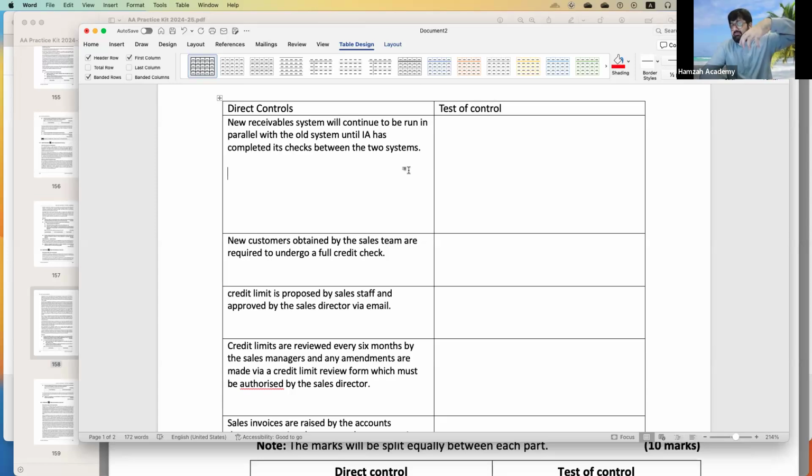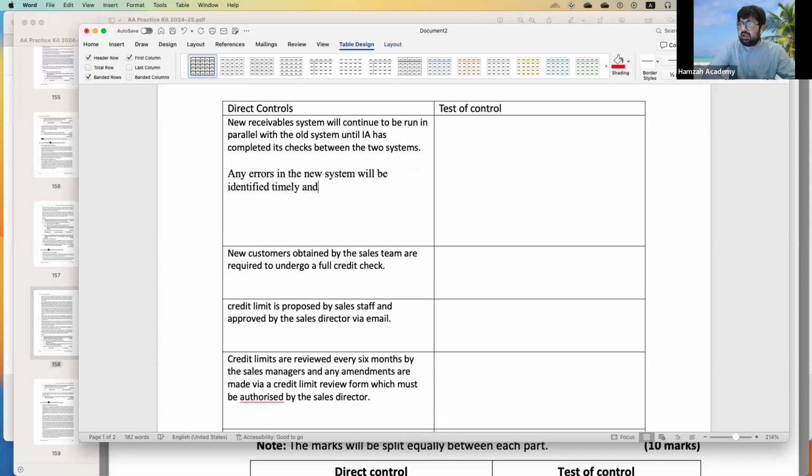So the benefit to the company is that any errors in the new system will be identified timely and fixed as well.